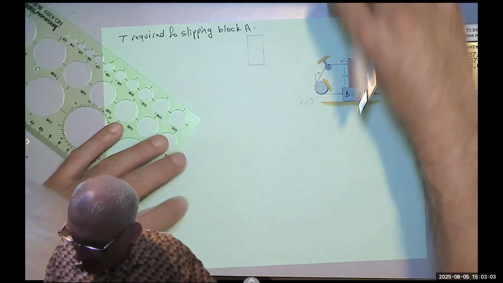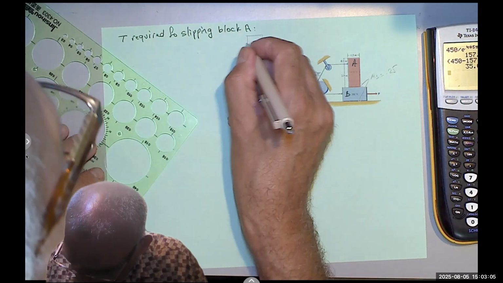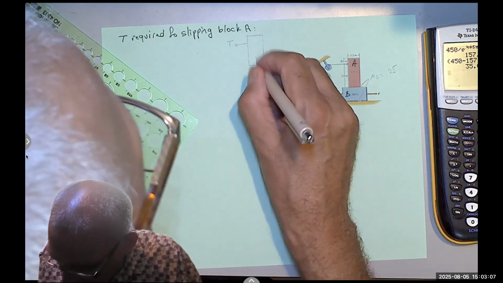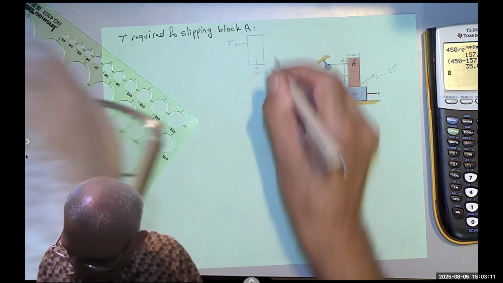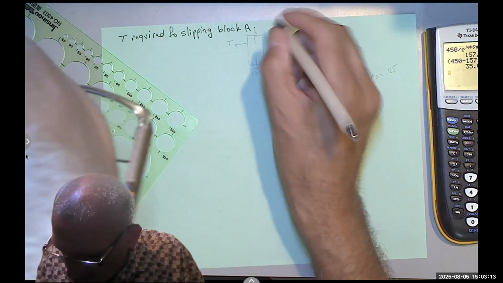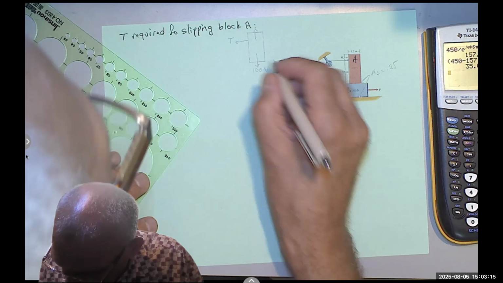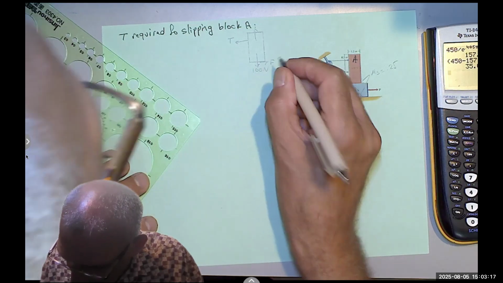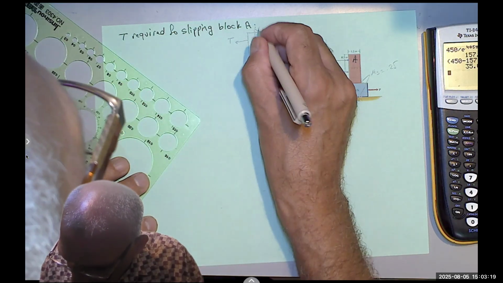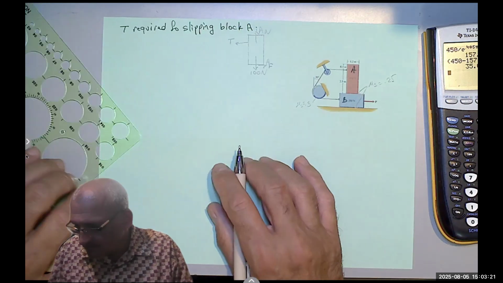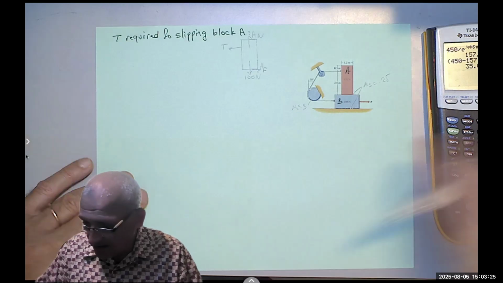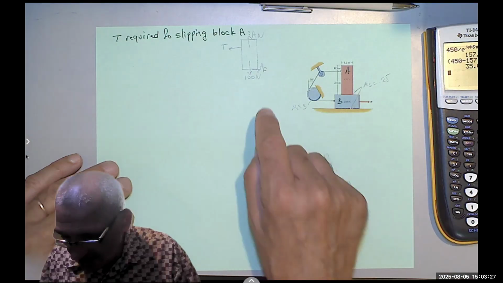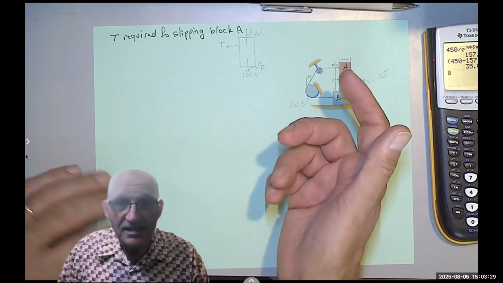All I'm going to say is there is a tension here. There is a weight here of 100 Newton, and there is friction, A sub F and A sub N. And this is very simple, since I can find the normal force very easily, right?